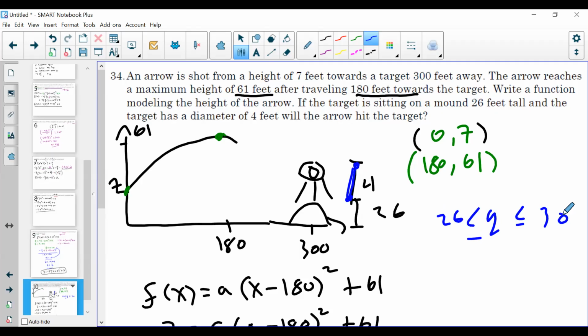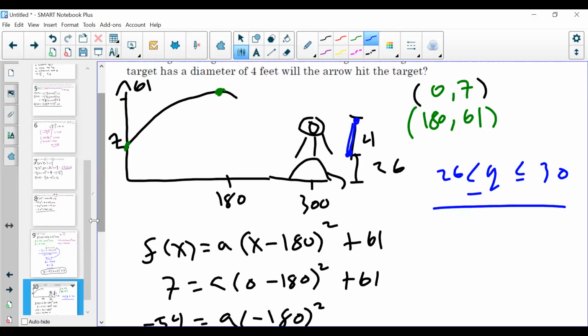So from 26 all the way up to 30, the arrow can hit the target. I can figure out what the height of the arrow is going to be when I plug 300 into the equation for x that we just solved. Everyone with me? Make sense? All right.